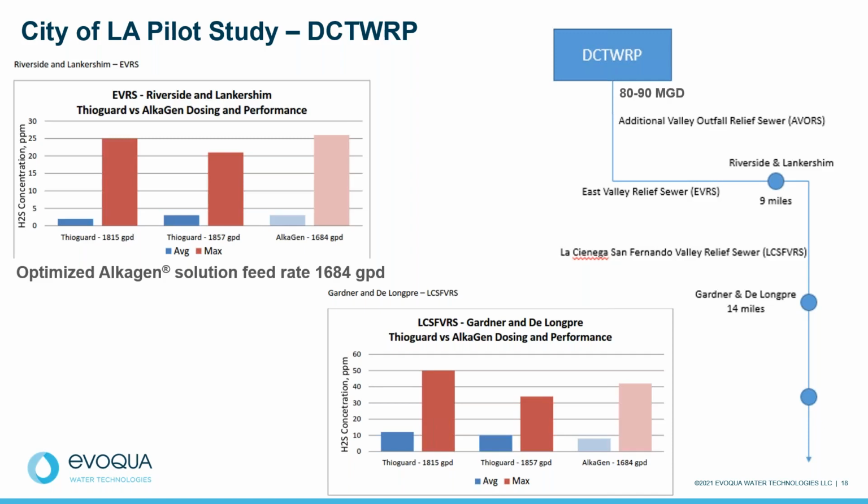Alkagen landed around 1,700 gallons per day, and the Thiogard product was fed between 1,800 and 1,860 gallons per day. Both resulted in similar sulfide results. So Alkagen was able to get similar sulfide results to the Thiogard at a 9% lower dose rate.